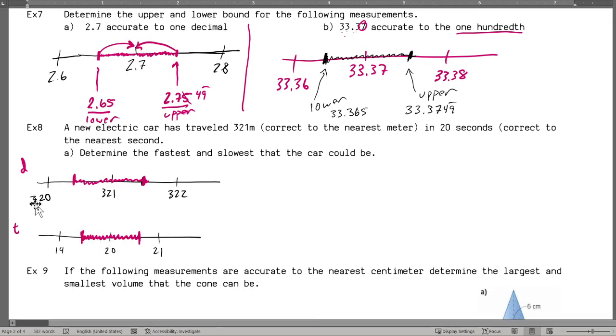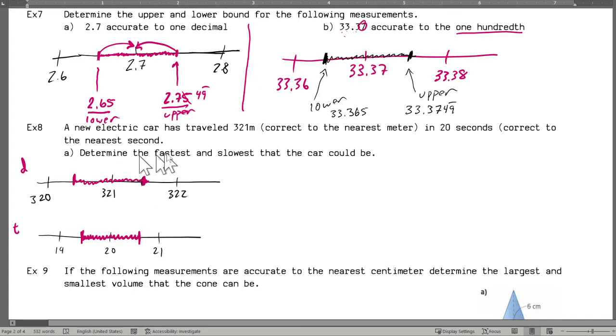So again, my lowest distance it could have been is 320.5, which is here. My highest would have been 321.5. Time, my lowest time would have been 19.5. My highest time would have been 20.5. Now again, I'd use 0.49 repeating for both of these ones.